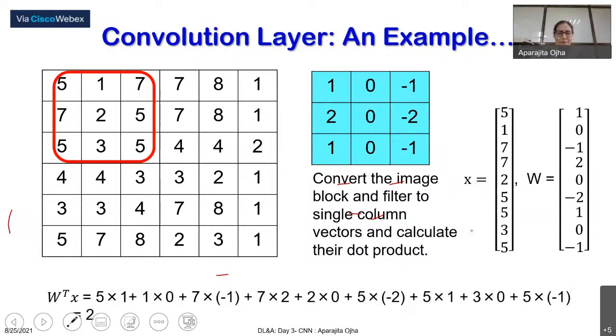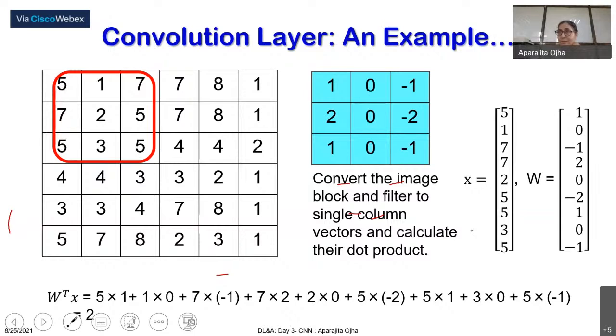Then W transpose X. Why am I doing this? Because you have understood the neural network in this form, and therefore I am converting this 3 cross 3 image block to a 9 cross 1 vector, and similarly W, the filter, to be a 9 cross 1 vector. So now I'm doing W transpose X, that is taking the dot product.